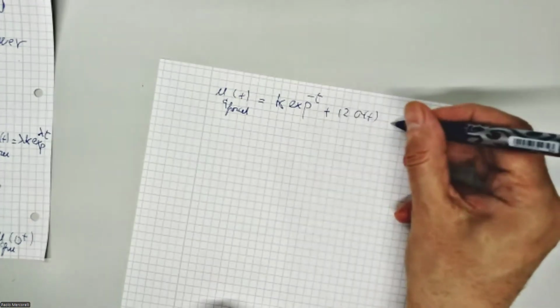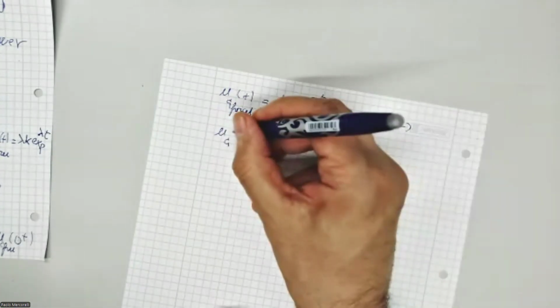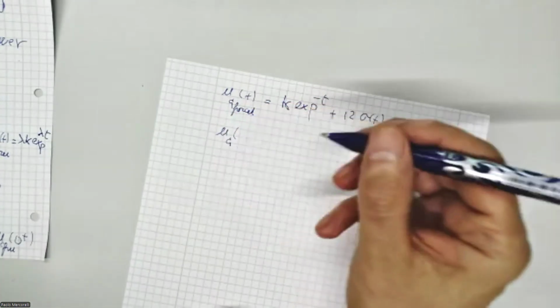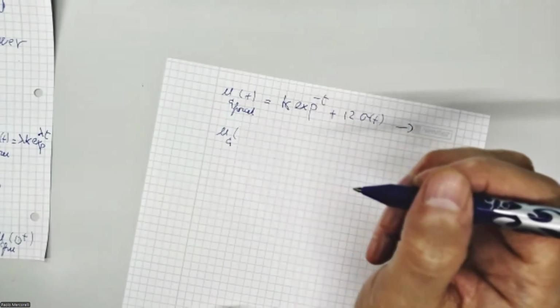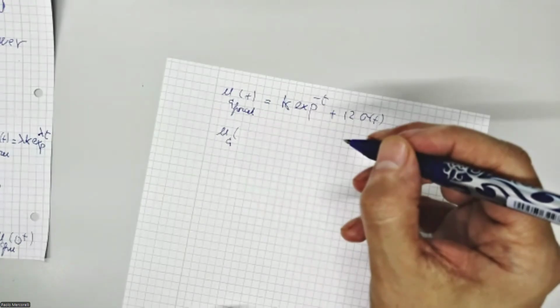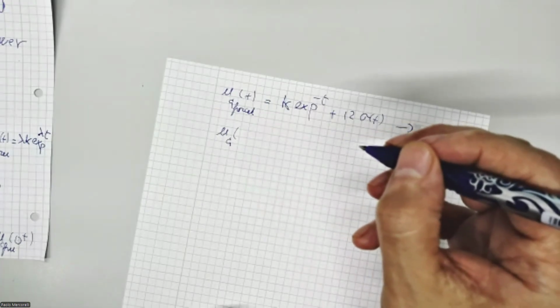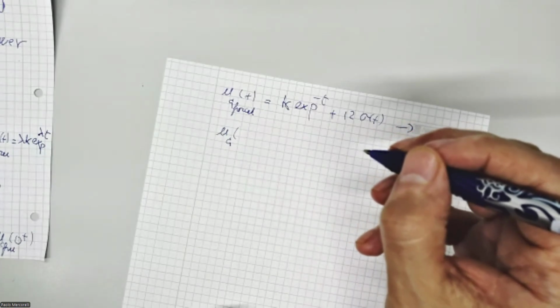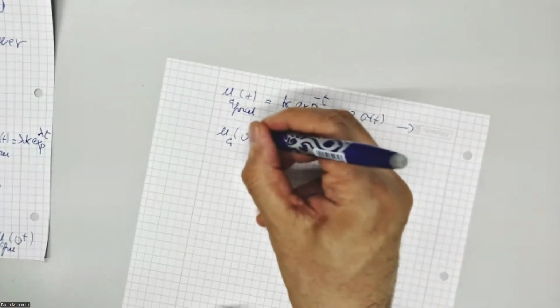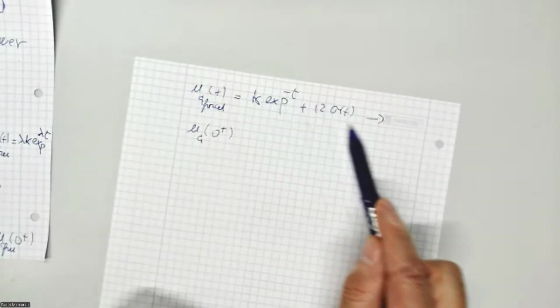Which means for UC at times 0 plus, because this is valid at time 0 plus.